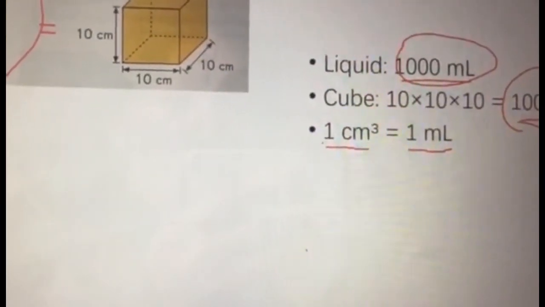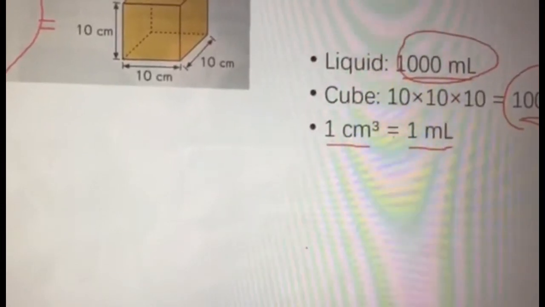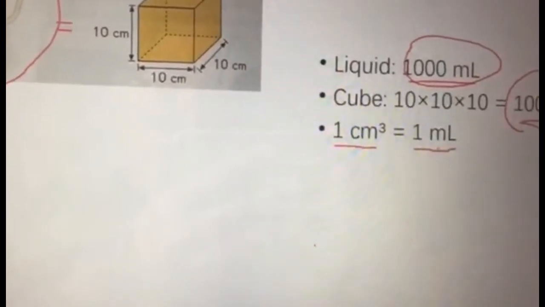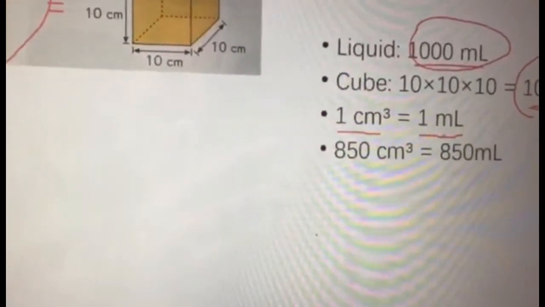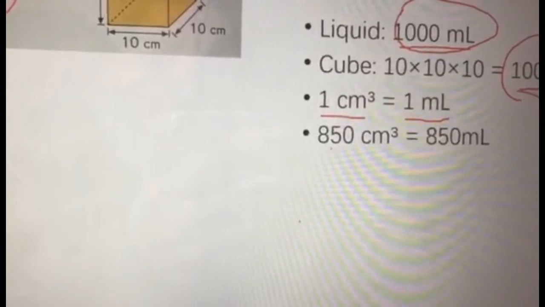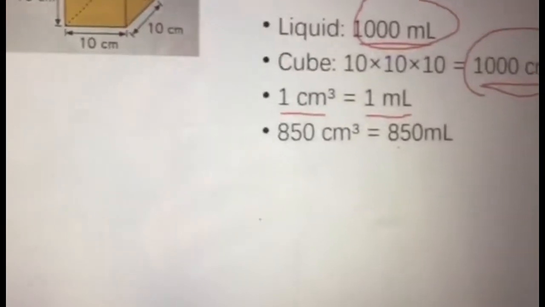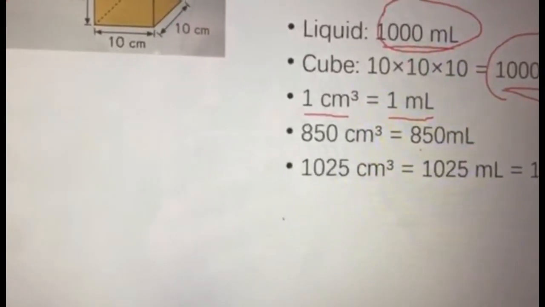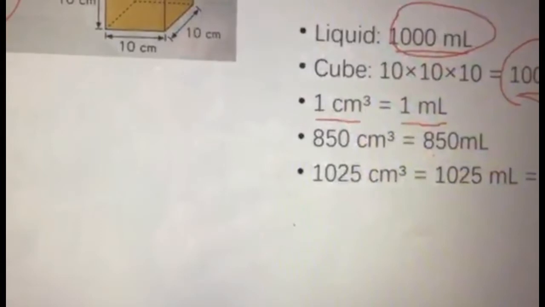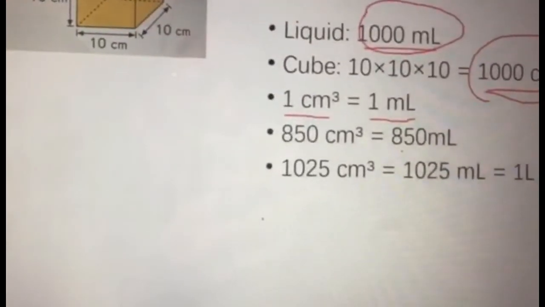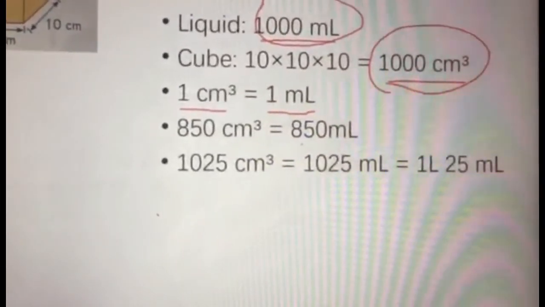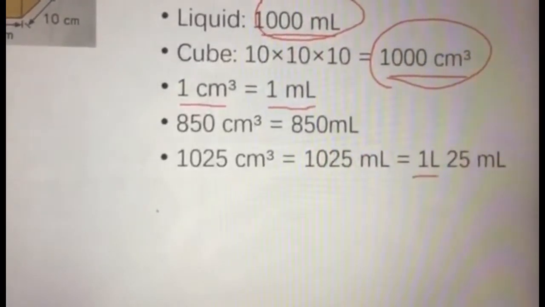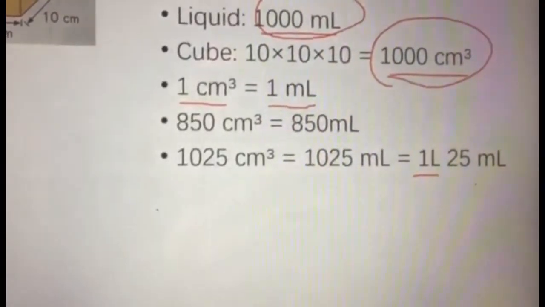So this is for you to remember. Each 1 cubic centimeter equals 1 milliliter. Now if you convert these, it's going to be pretty easy. 850 cubic centimeters would be 850 milliliters. 1,025 cubic centimeters would be the same number of milliliters, and you may want to write it in a different way, into liters and milliliters.